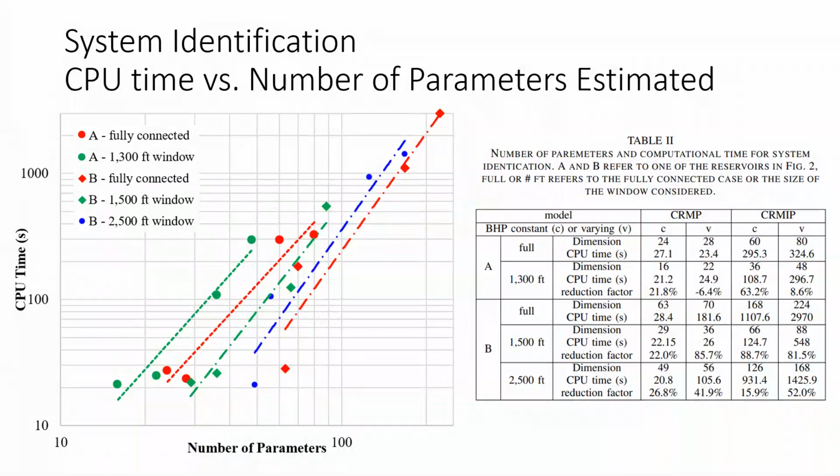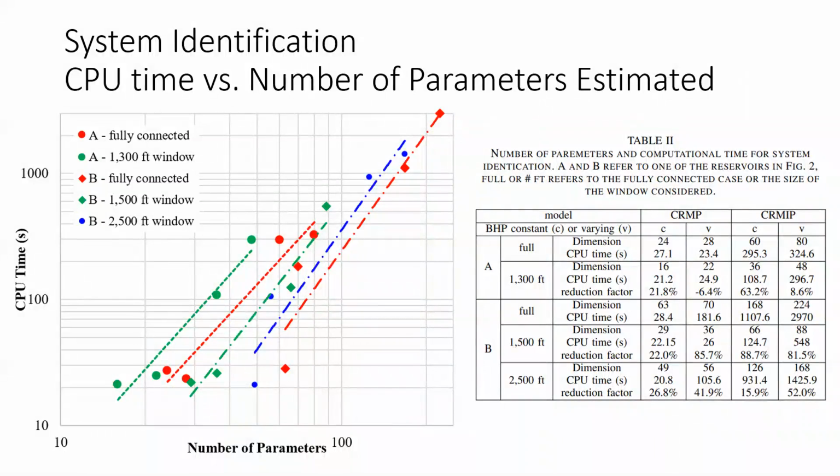So what we can see here is that even for these two relatively small reservoirs that we showed, we could obtain a reduction in the computational time of up to 90% in some cases, 80 to 90%.